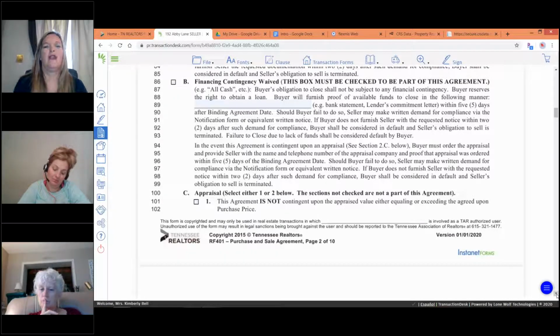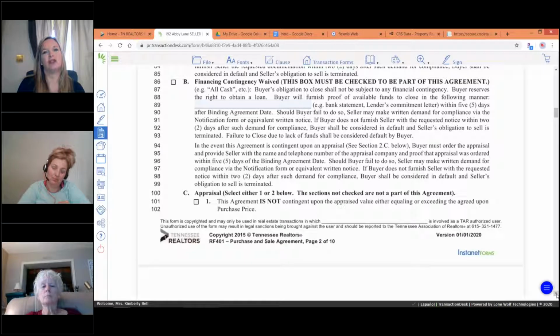Okay. Financial contingency. Somebody said hard money is cash. Hard money is a short-term loan that they give you all cash fairly quickly. You give it to them, then you refinance it and give them their money back, or you sell it fairly quickly. It's a very high interest rate.